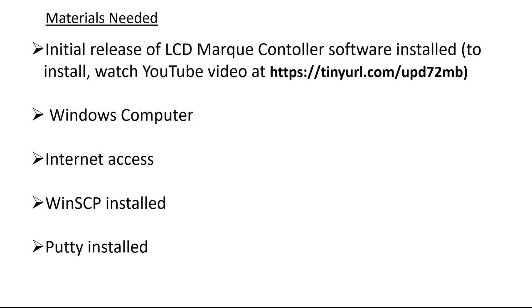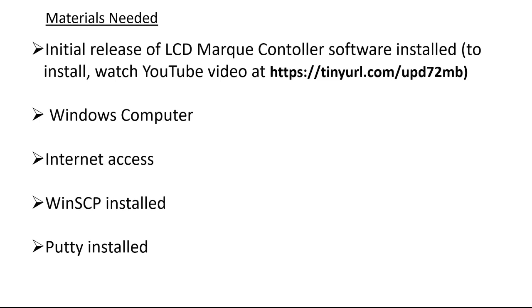You'll also have to have a Windows computer. You're going to use the Windows computer to copy files to your Raspberry Pi that has the LCD Marquee controller software on it, and to run the script to update the software on it. Also, internet access, of course, to download the files. And then WinSCP and PuTTY installed.